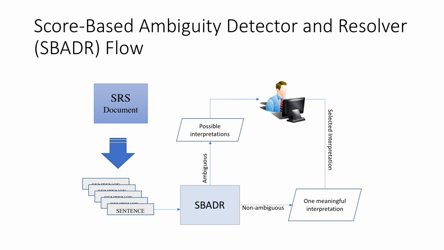These possible interpretations are then displayed to the user, where they can select the most likely or the most correct interpretation. If the sentence is non-ambiguous, our approach is able to produce one meaningful interpretation for the input sentence.